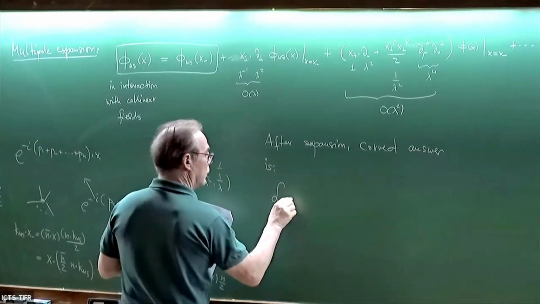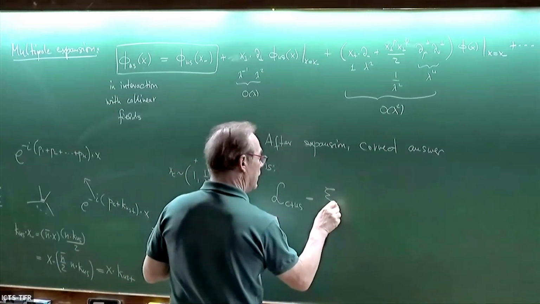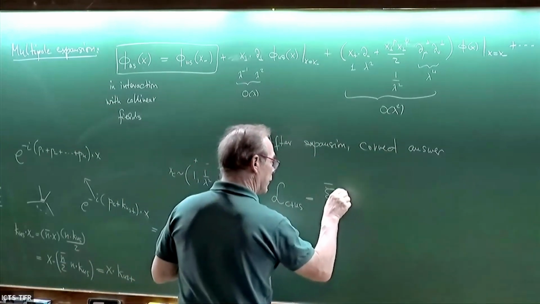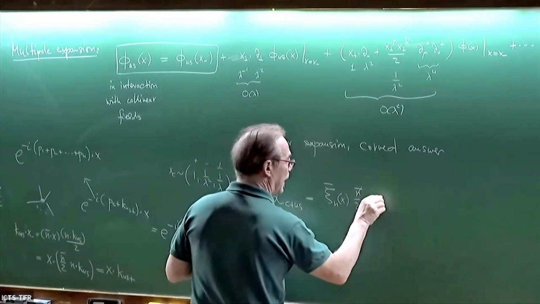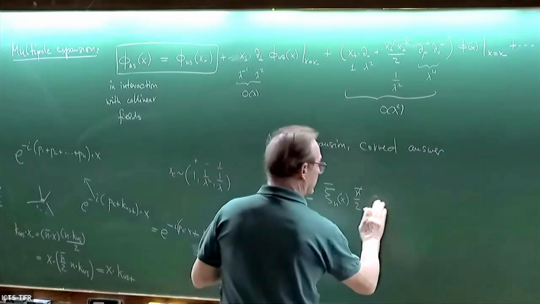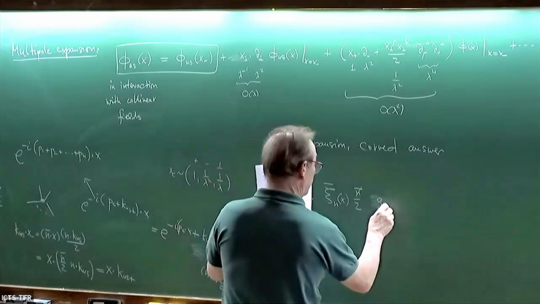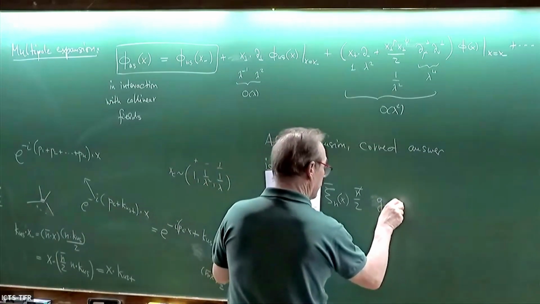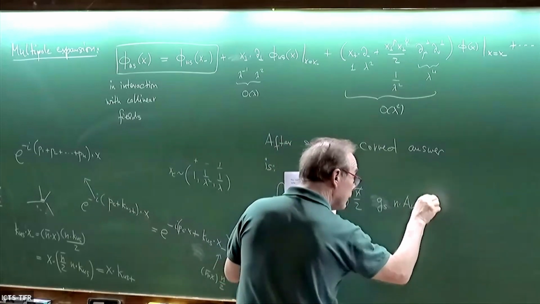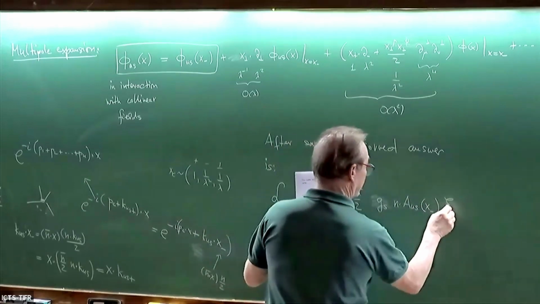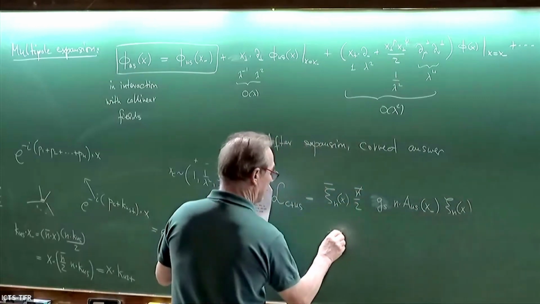L collinear plus ultrasoft at leading order is chi bar of n at point X, n bar slash over 2, i g_s n dot A ultrasoft at point X minus, chi_n at point X, plus pure glue terms.